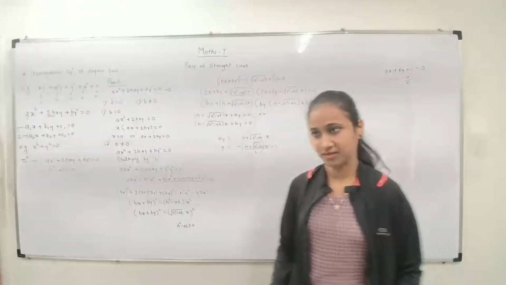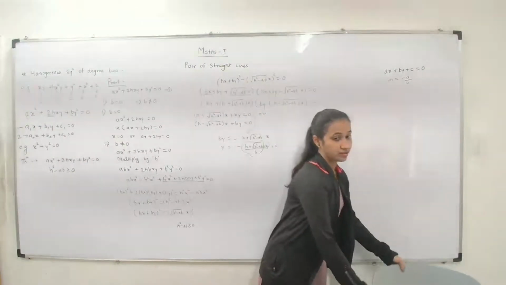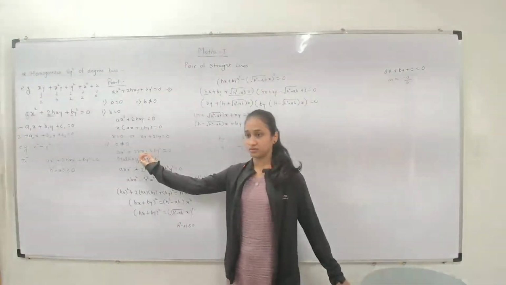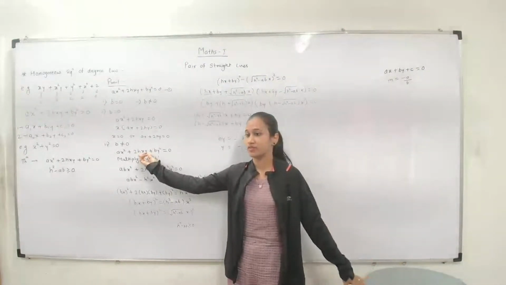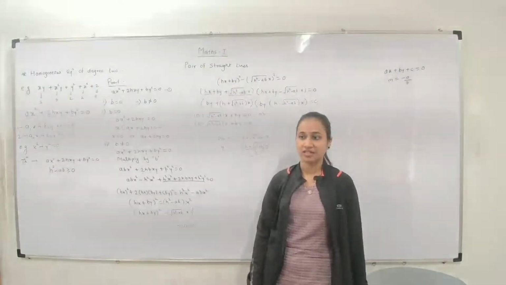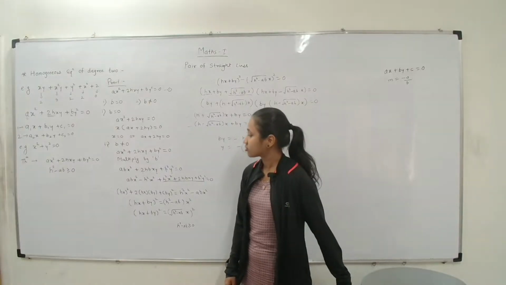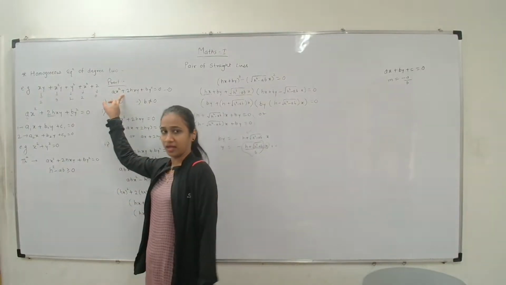Okay, so relax. The important theorem is this is the equation, homogeneous equation of degree 2, and we have to prove that this is nothing but the combined equation of pair of straight lines. Okay, so you have to start theorem from the step.